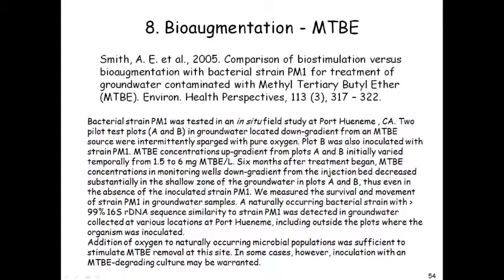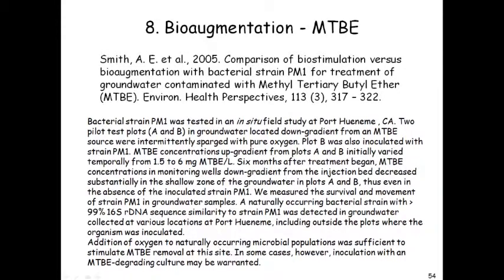So whether or not they added the PM1 strain, they got degradation. They measured survival and movement of the strain in groundwater samples down gradient, which is good. The PM1 seemed to move quite quickly. Unfortunately, it was also detected outside of the zone where it was added, so somehow it had naturally developed.